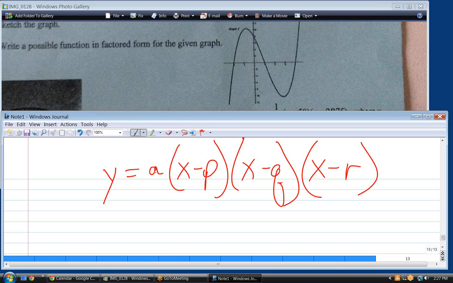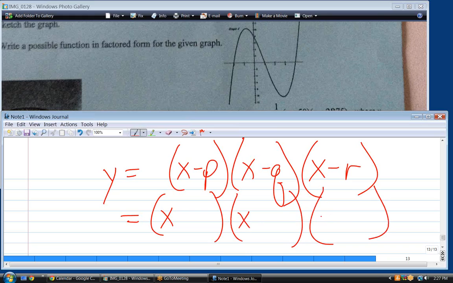We can assume a is 1. We don't need an a. So here's what we're looking at. Well, what are my three zeros? What's this 0 right here? Sorry, the graph is just tiny. That's minus 2.